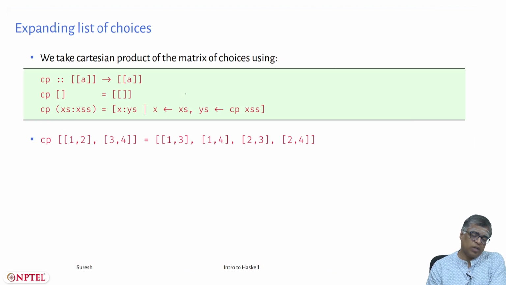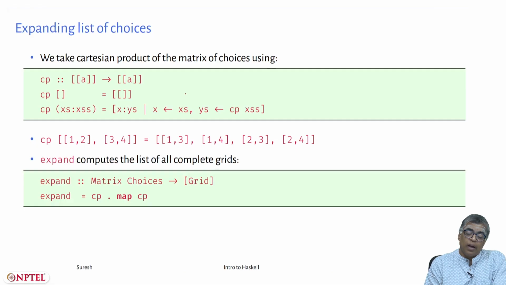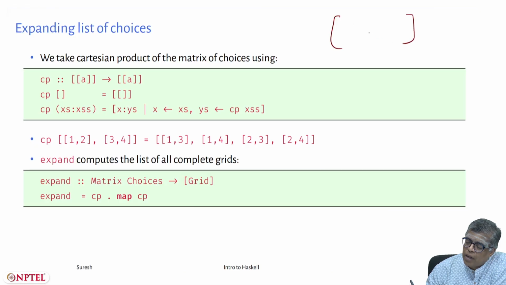So here is an example. CP of [1,2], [3,4] is [1,3], [1,4], [2,3], [2,4]. Expand computes the list of all possible grids. So what it will do is, you have a matrix of choices. From there I need to go to a list of grids. I will remember that I have a list of rows.